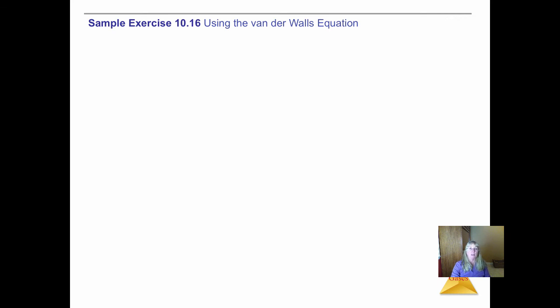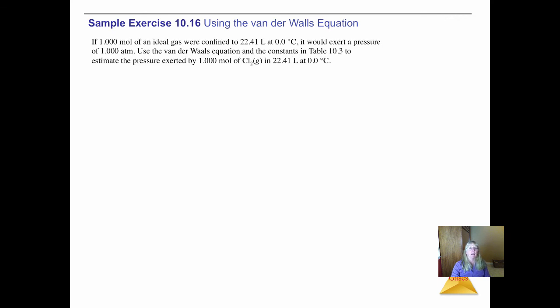And this will be outlined in sample exercise 10.16. So please go to a textbook and locate that. We're going a little bit backwards. Go to the bottom of that page and complete that problem. I will not be doing that with you right now.